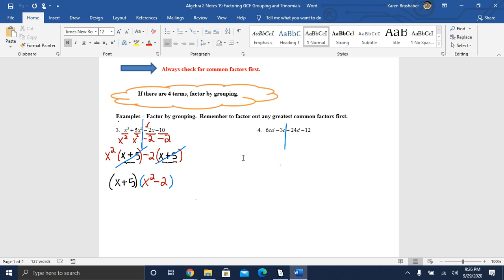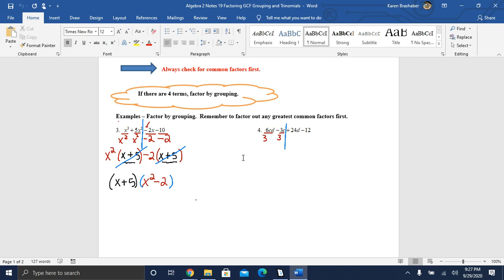All right, I'm going to look to see what is the greatest number and variable power that I could divide by. Well, I'm going to check 3. Can they both divide by 3? Yes. So we'll divide by 3. And then of my variables, can they both divide by C?